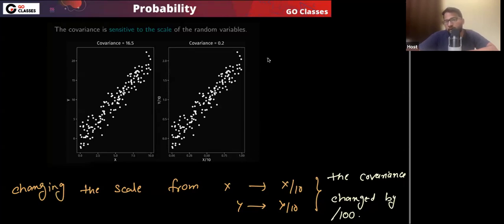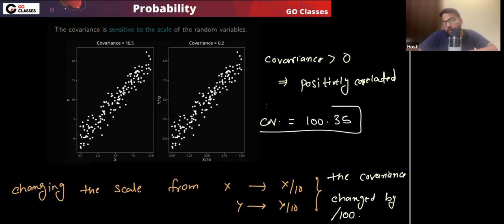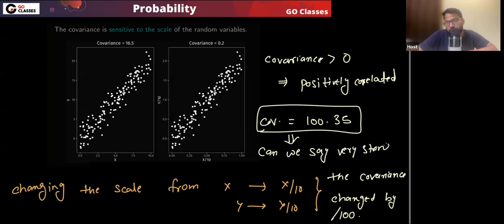You can just say if covariance is positive, then they are positively correlated. If covariance is negative, then they are negatively correlated. Can I say if covariance is, let's suppose, 100.35, then they are strongly correlated? Can we say very strong correlation?